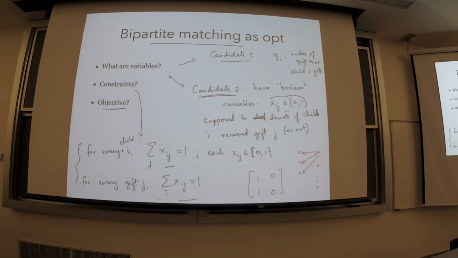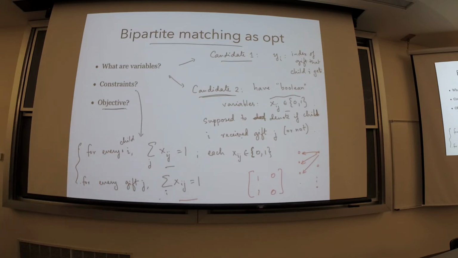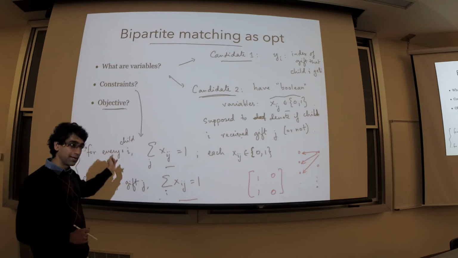That is very important when you come up with an optimization formulation, because you will take these constraints and feed them to some optimization solver which knows nothing about the problem where it came from. Your solver may not know that you are trying to capture a problem with children and gifts. It just knows that it wants to optimize with these variables, subject to some constraints. That's why this kind of sanity check is very important.